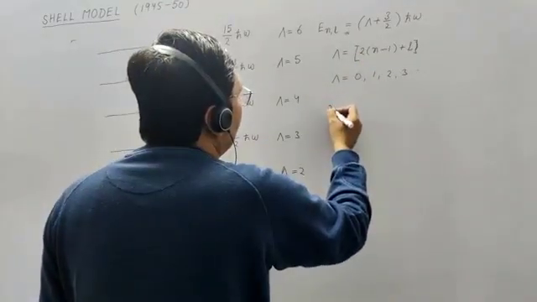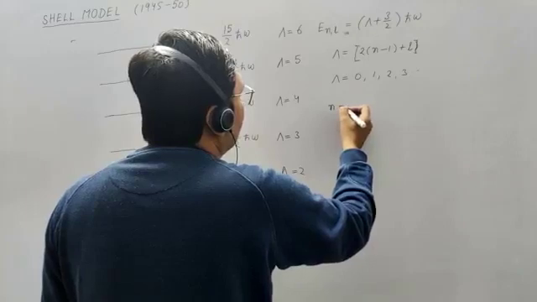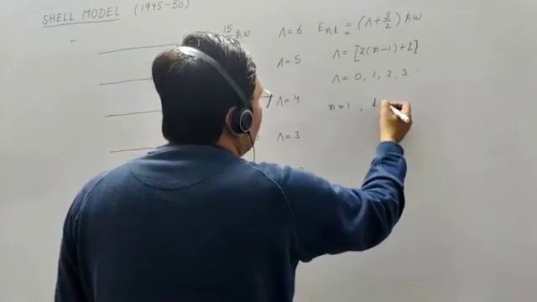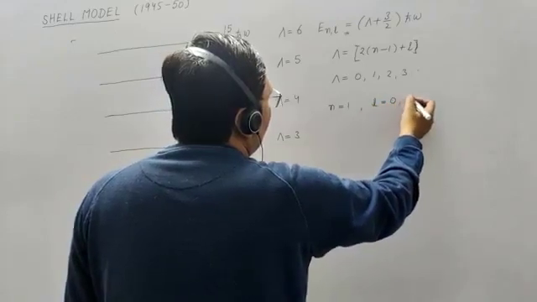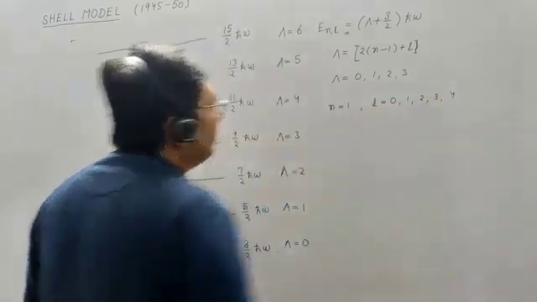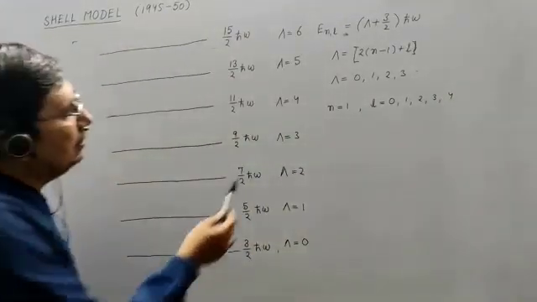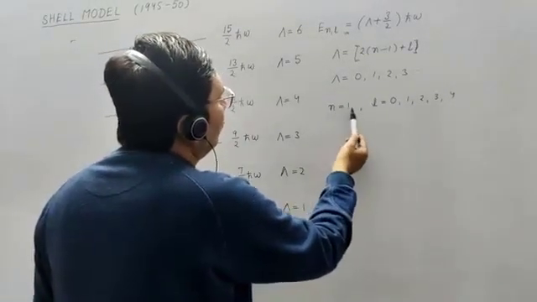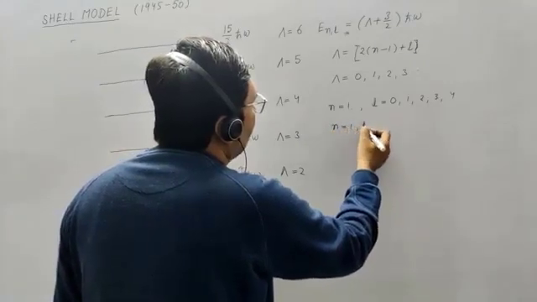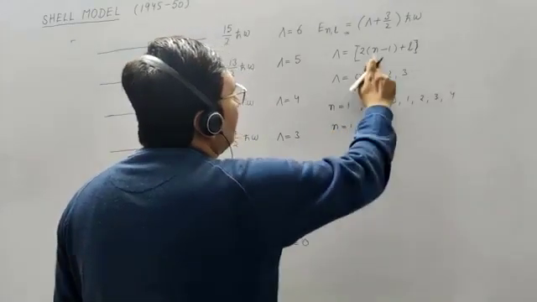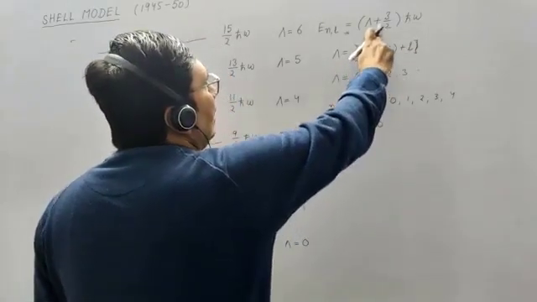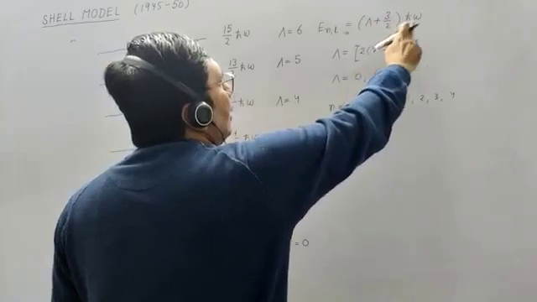Now we can choose n equal to 1. Corresponding to n equal to 1, L can be 0, 1, 2, 3, 4, like this. If I substitute n equal to 1, L equal to 0, then this lambda will be 0 and it will be 3 by 2 h cross omega.